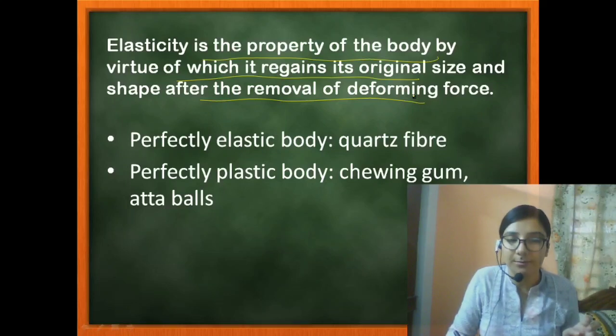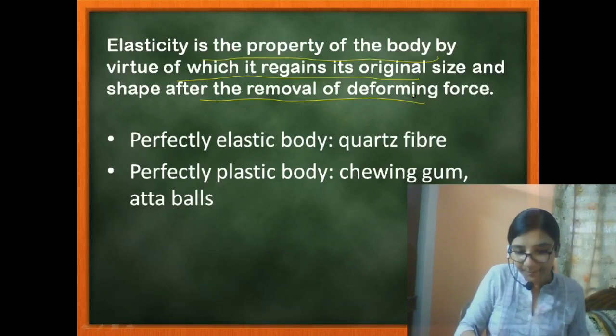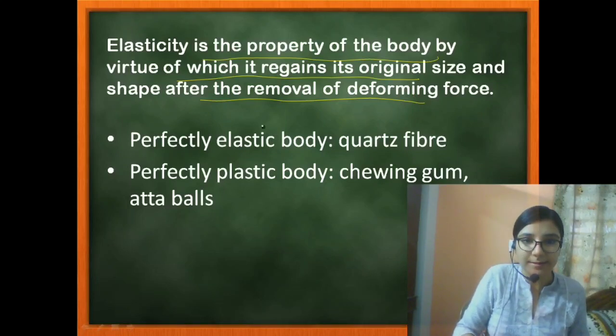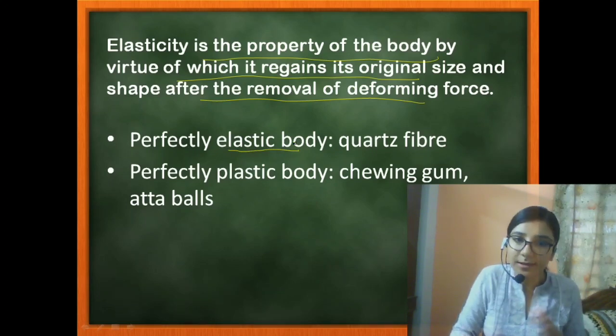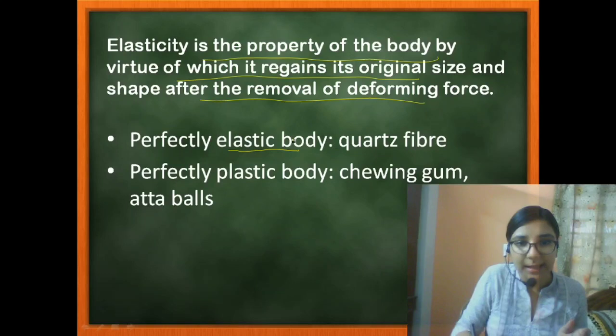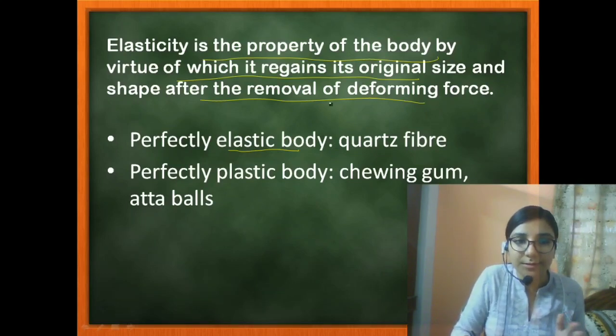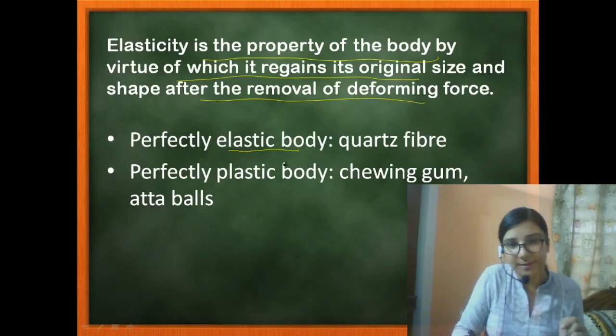Let's see some of the examples here. Here we have different types of elastic body. One is perfectly elastic, another is partly elastic, and the third one is perfectly plastic body. Let's first discuss perfectly elastic body and partly elastic body.